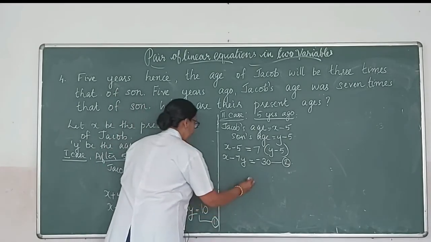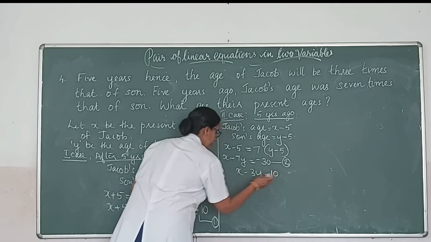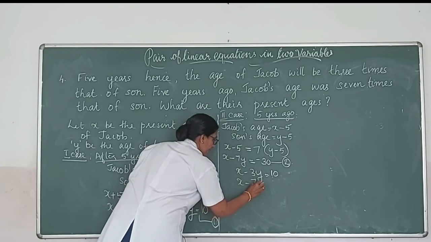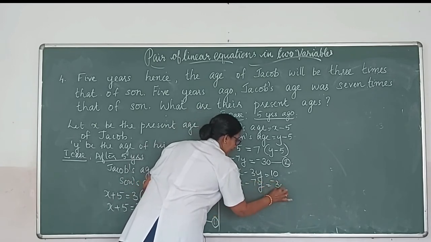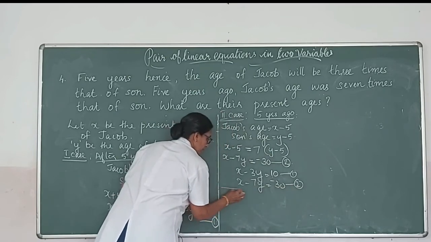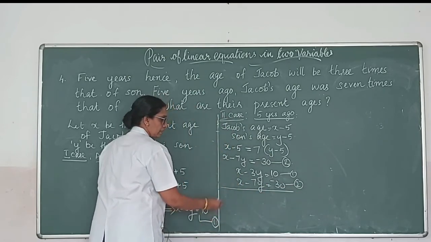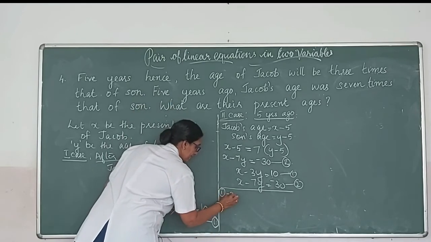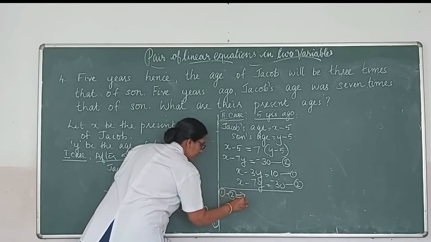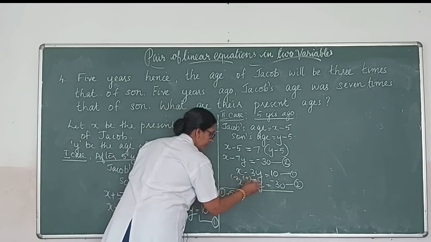Our equations are x minus 3y equal to 10, x minus 7y equal to minus 30, equation 1 and equation 2. Same sign. So we have to subtract. So equation 1 minus equation 2 gives, we have subtraction, we have to change the sign.